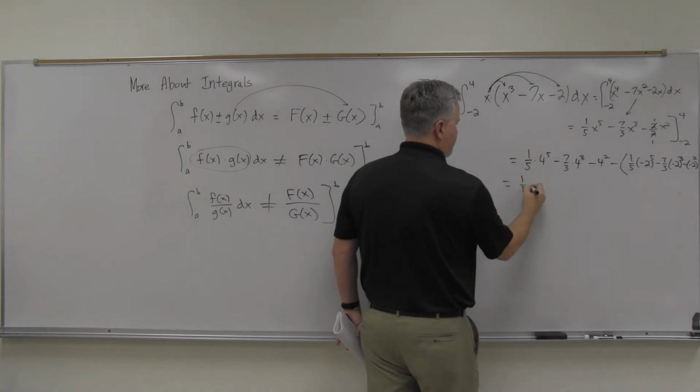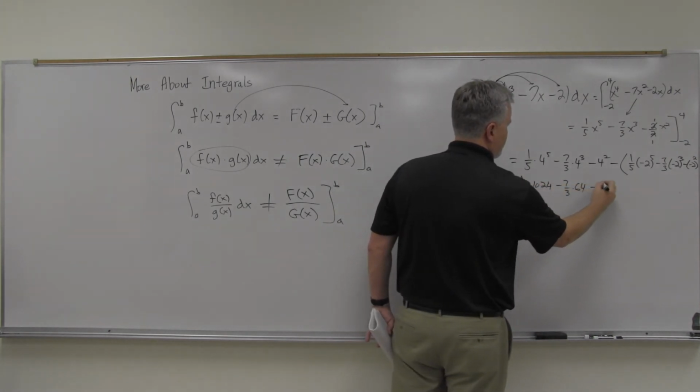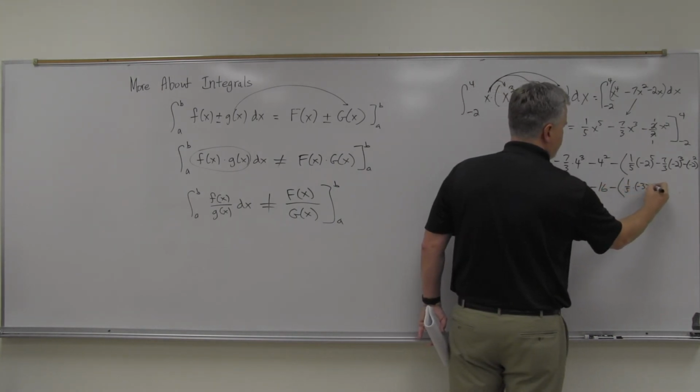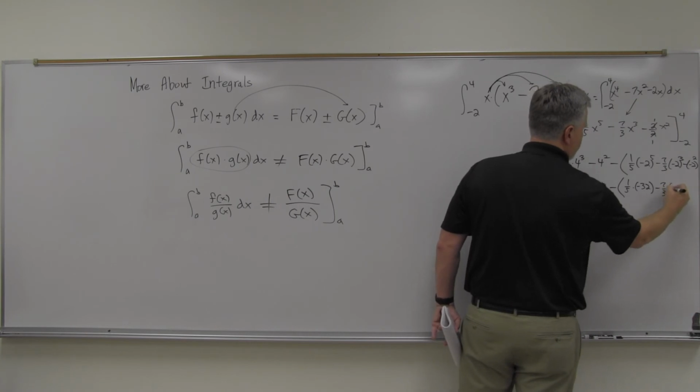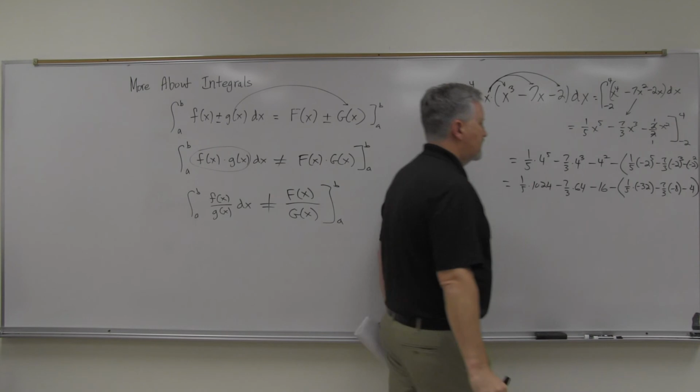And what do we get? 1/5 times 1,024 minus 7/3 times 64 minus 16. That'll be 1/5 times -32 minus 7/3 times -8 minus 4.